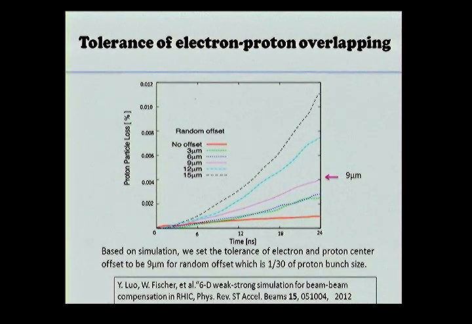Based on this simulation, we set the tolerance of the electron and proton center offset to be 9 microns for the random offset, which is almost 1/30 of the proton bunch size.